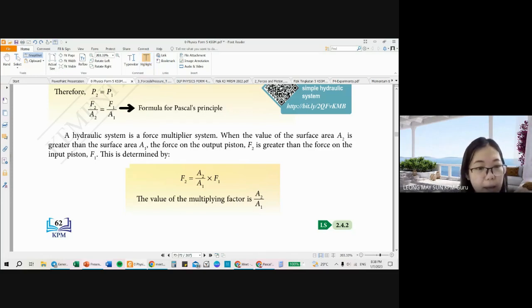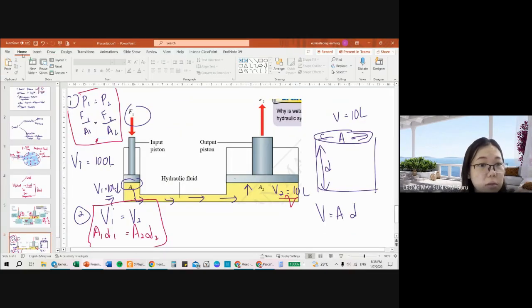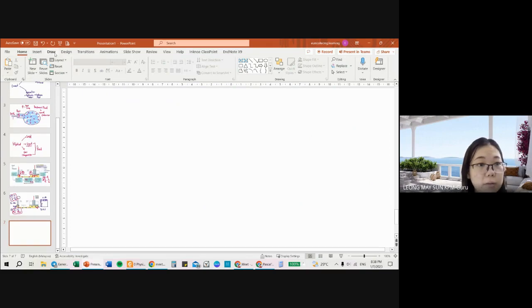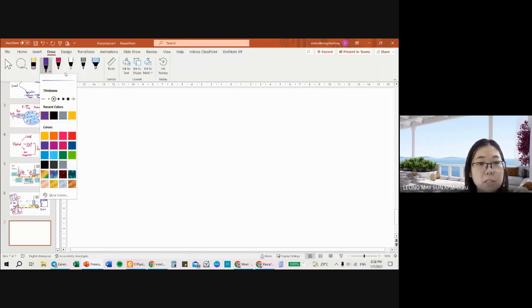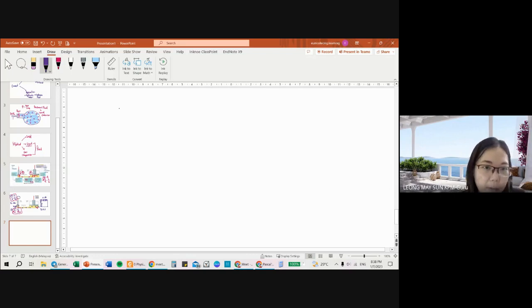So let's go back to PowerPoint for a while. And let's talk about the first formula of pressure. The first formula of Pascal's principle is pressure at the first piston equals pressure at the second piston, because pressure is transmitted uniformly throughout the whole enclosed fluid.